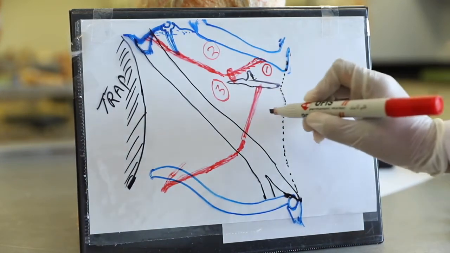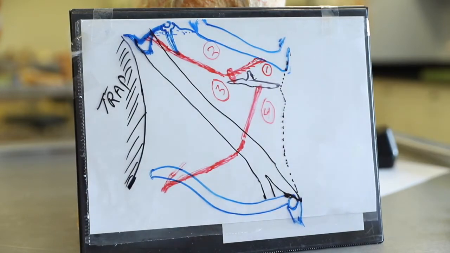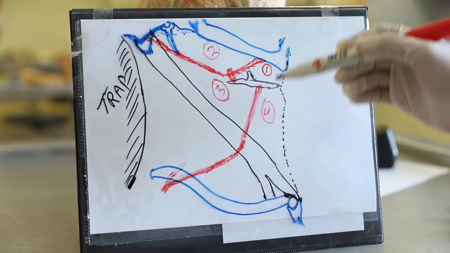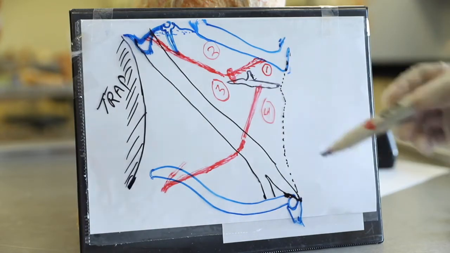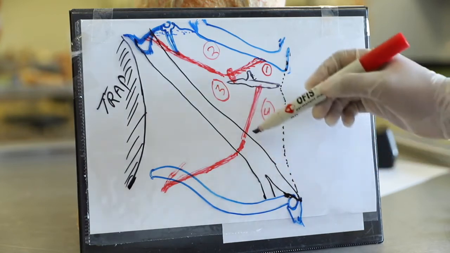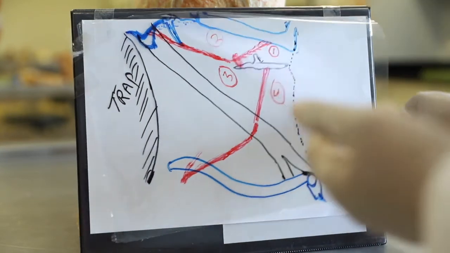The last triangle, number 4, is the muscular triangle, bounded by the midline, the superior belly of omohyoid and the anterior border of sternocleidomastoid. Now come and locate those triangles on our model.